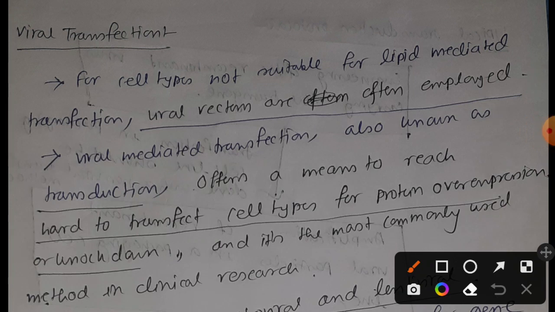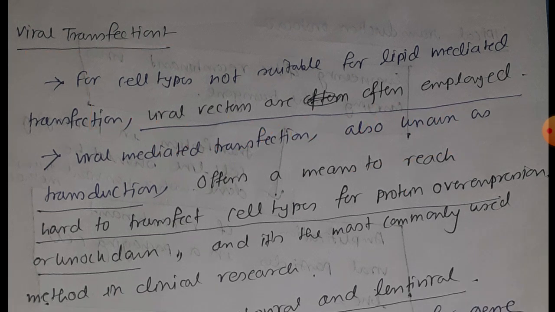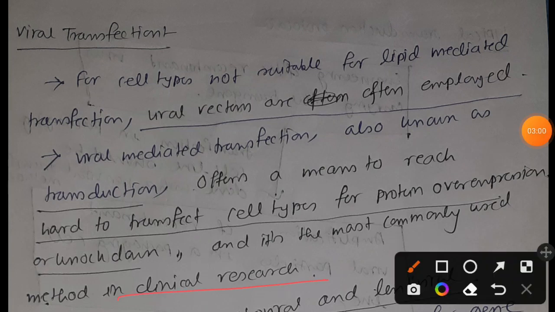Viral transfection provides us the opportunity to transfect those cells. As a result, now we can express or overexpress our protein of interest in those host cell types too, and it is the most commonly used method in clinical research.